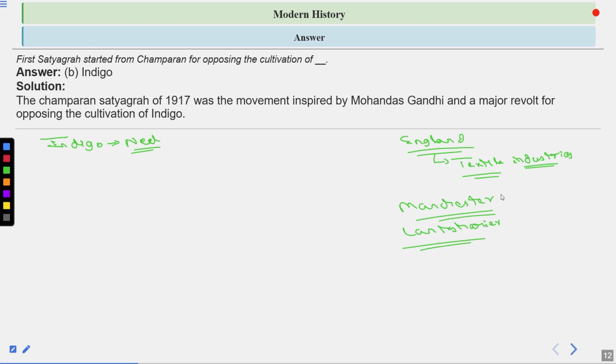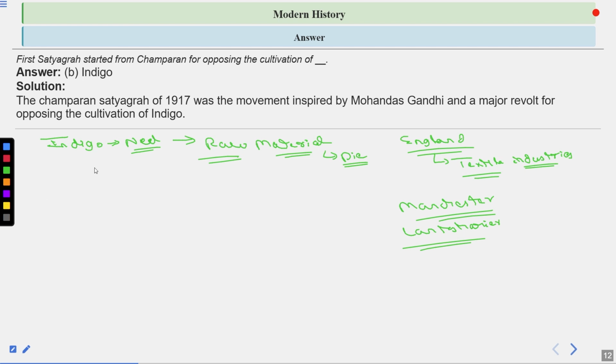These were the most highly concentrated areas of the textile industries. Now, these textile industries required indigo as the raw material, which will be converted into the dye, and that dye will be used to color the textile products.